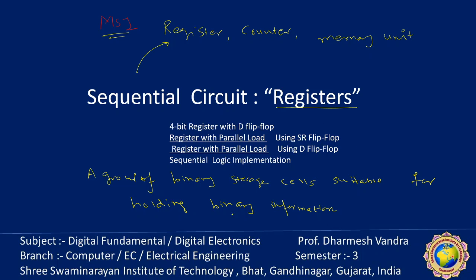Remember, normally in a digital computer all the information we store, as you know, on hard disks or pen drives, is stored as binary in the form of a digital 1010 pattern. So this binary storage cell is helpful to store the content of binary information. An n-bit register has a group of n flip-flops which is capable of storing the binary information.